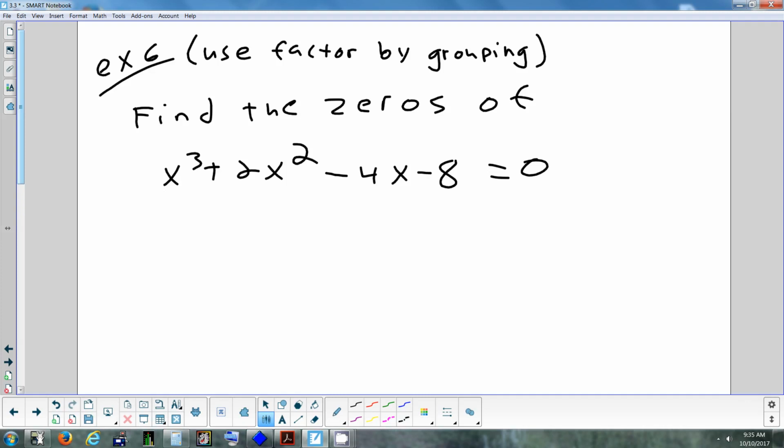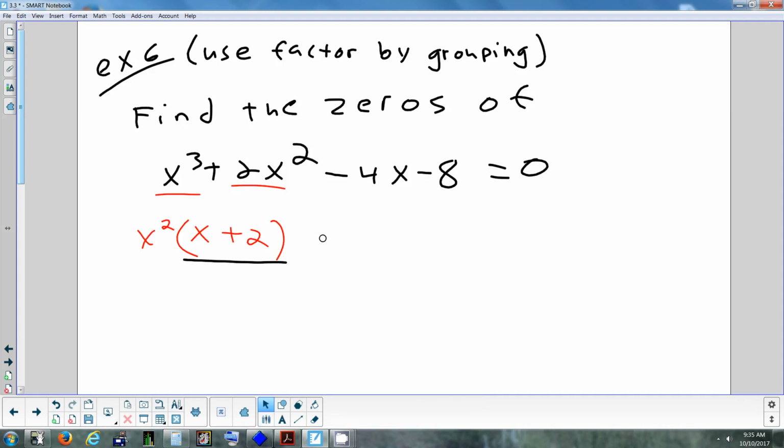Okay, Tessa, if you look at the first 2 terms, what did they have in common? x. Yep, x squared. And Rebecca, if you factor out x squared from the first 2 terms, what do you get? x plus 2. Now the whole goal with factor by grouping is that you get an x plus 2 again. That's what we'll hope is going to happen.